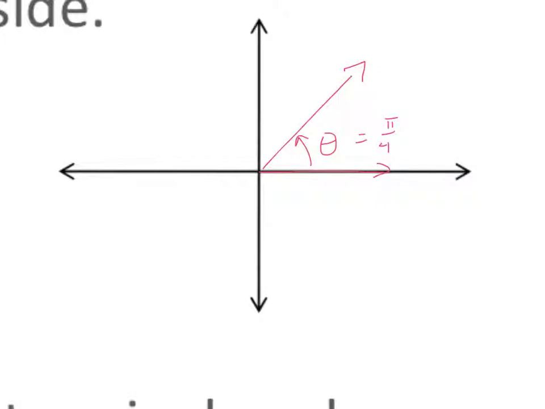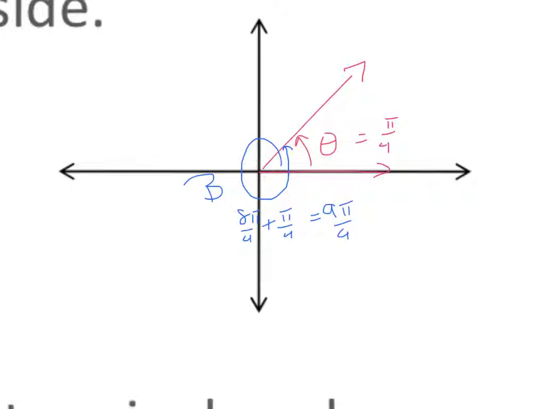In order to obtain the same initial side, I'm going to start at the same positive x-axis, and for the same terminal side but different degree measurements, I could just start rotating in a circle. Now I have 360 plus pi over 4, or 2 pi plus pi over 4. Let's call that beta in blue. So 2 pi, which is equivalent to 8 pi over 4, plus pi over 4, we end up with 9 pi over 4.